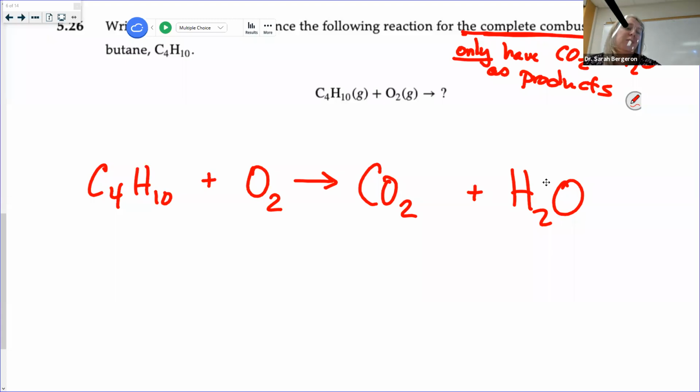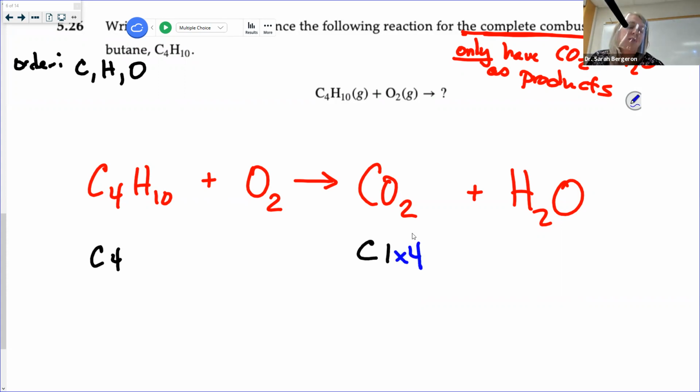What order? What's my order? Carbons, hydrogens, then oxygens. So carbons, I have 4 here. How many do I have over here? 1. So what am I going to do? I want to multiply by 4. So I'm going to put a 4 here.